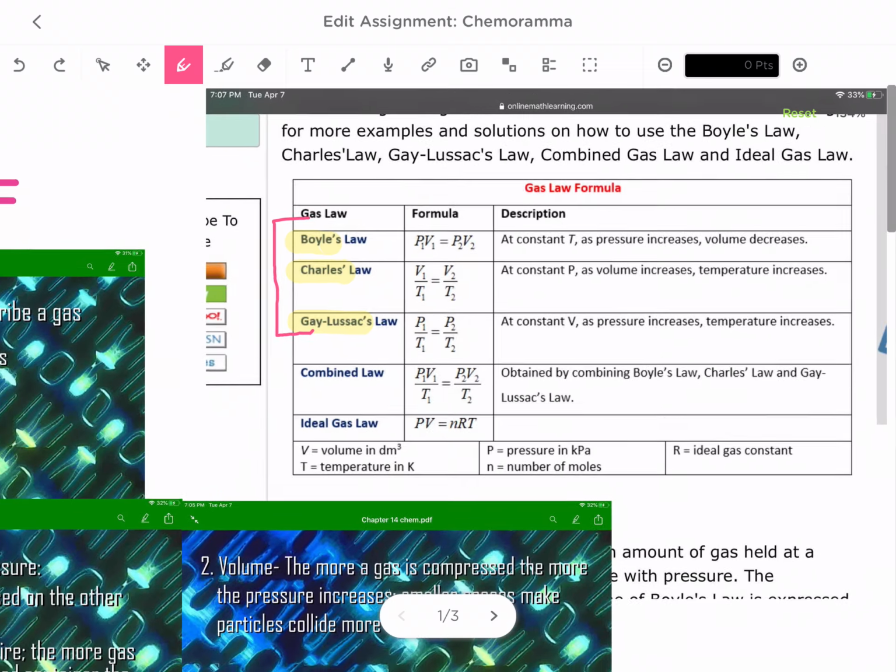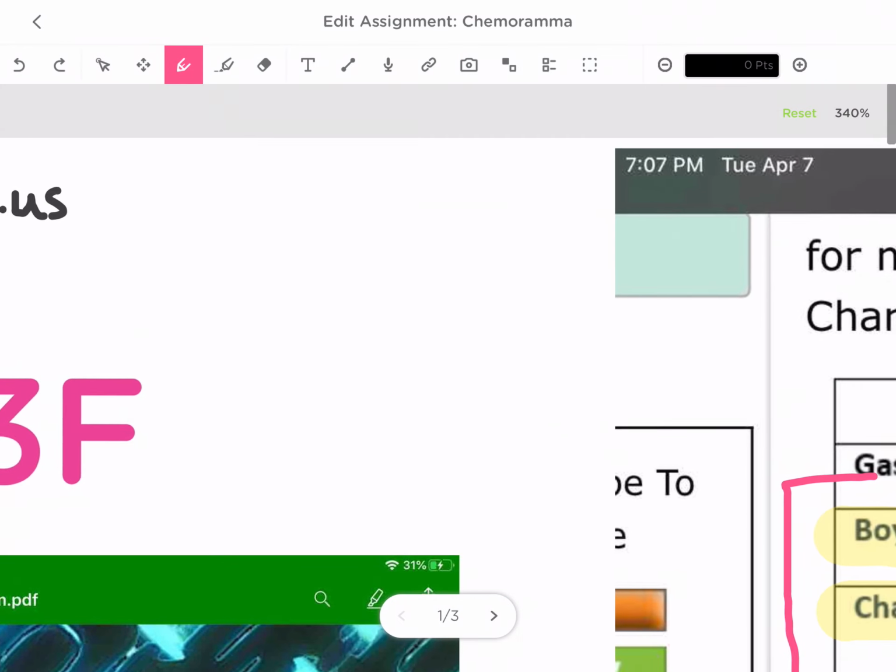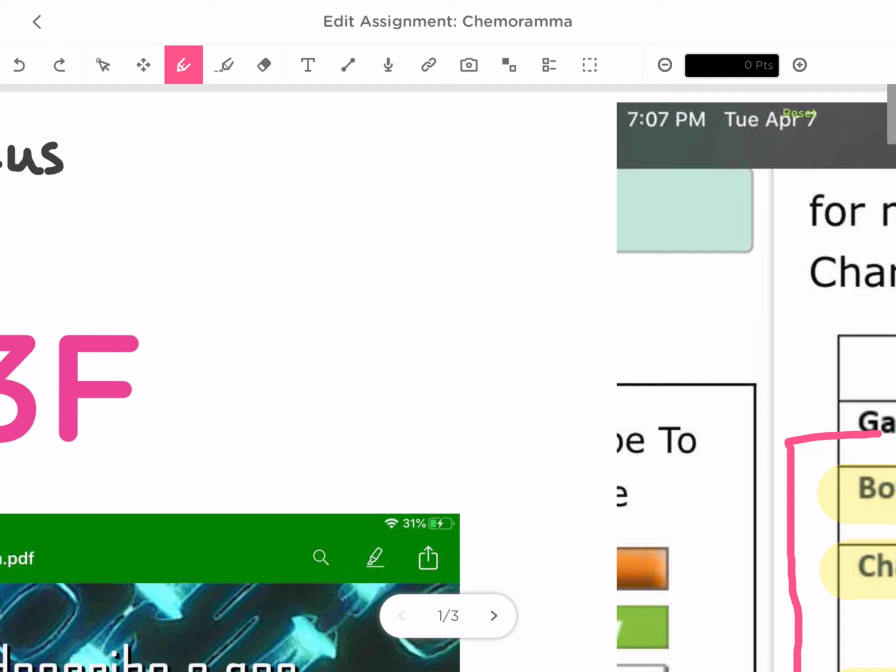So they started by looking at the molecules in each state of matter. They knew we have solids, liquids, and gases.